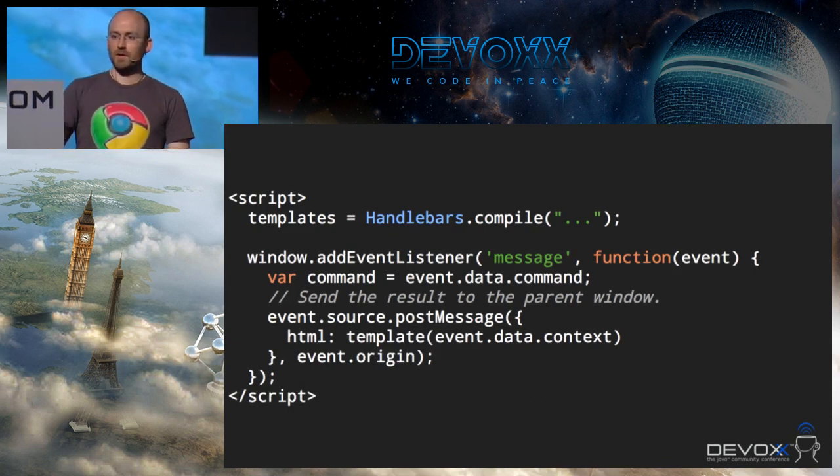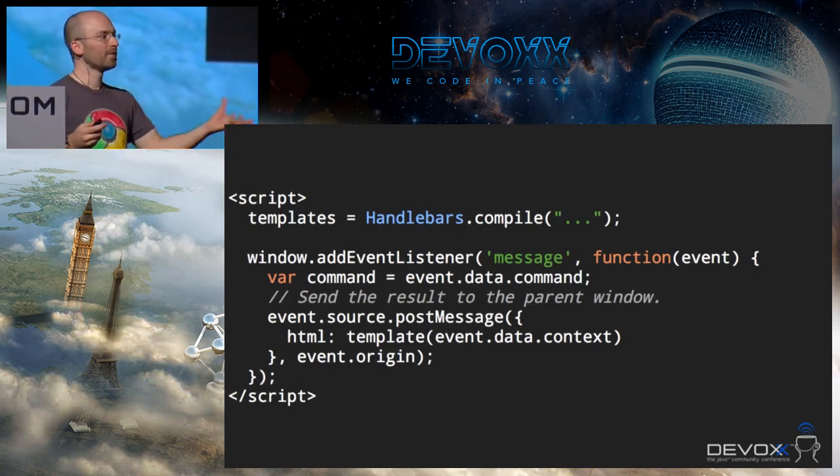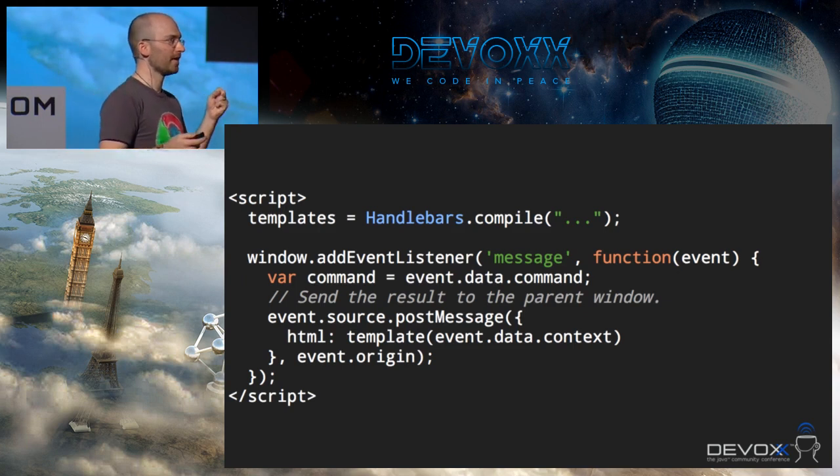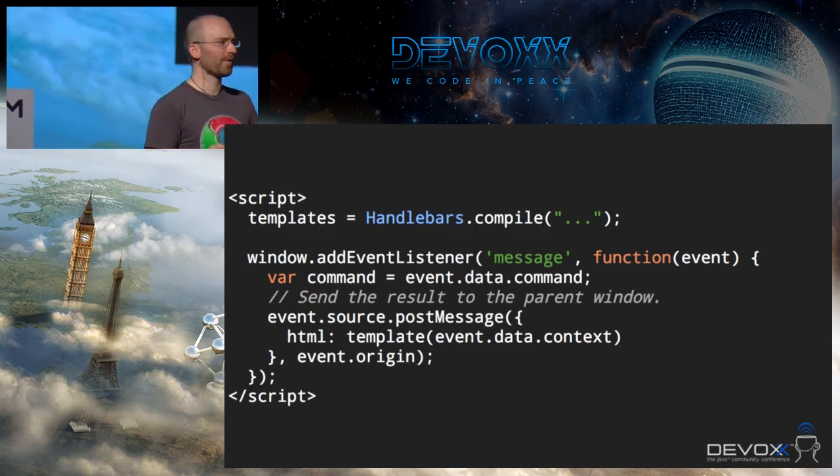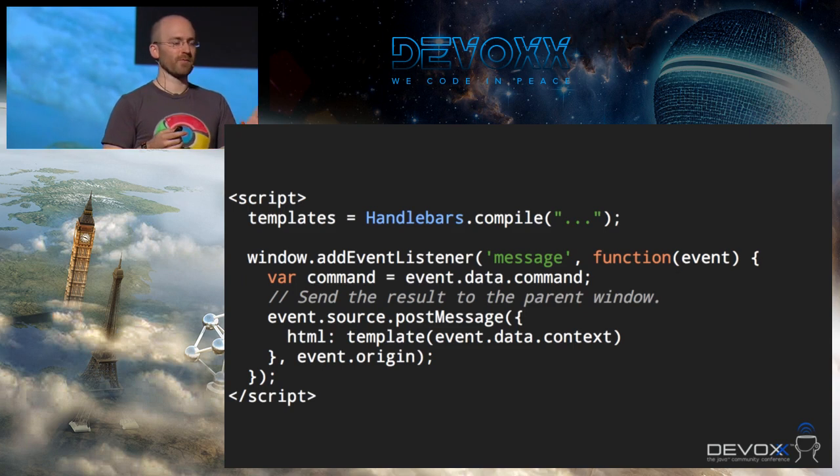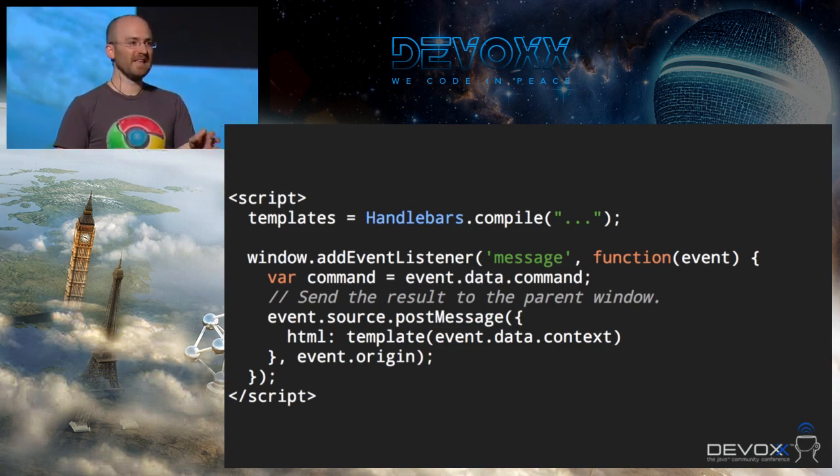The iframe looks something like this. The iframe loads in Handlebars, which is a templating library. And it's a templating library that does a couple of things for performance reasons that are a little bit dangerous. Specifically, it uses eval in order to generate a function and executes this function in order to actually do the work of templating.